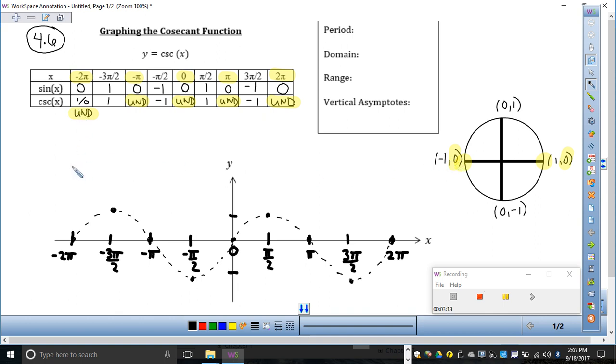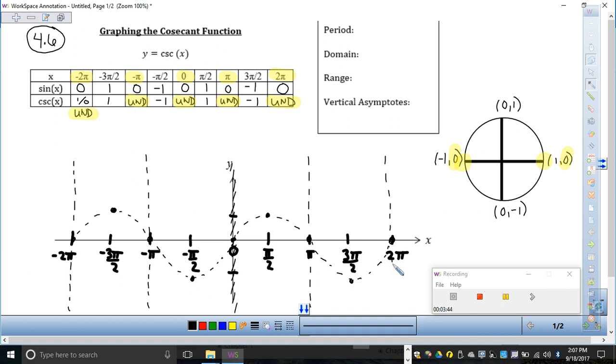For each one of those angles, because it's undefined, it's going to result in a vertical asymptote. So we're going to draw in vertical dotted lines at negative 2 pi, negative pi. Sometimes what I like to do on top of the y-axis, I'll do the dashed line a little bit slanted so that I can see it. We'll do one at pi and another one at 2 pi.